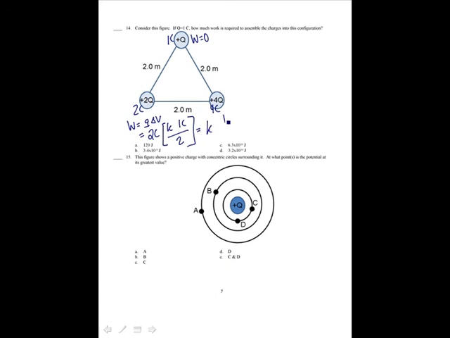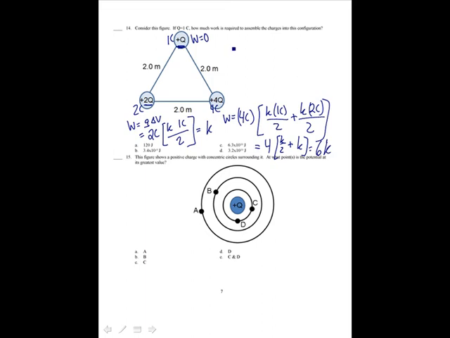And then the work for this charge is equal to Q delta V, which is 4 coulombs, times K times 1 coulomb over 2 plus K times 2 coulombs over 2. That's the potential due to this charge and this charge. Alright, so that is, let's see what we got here. 4 times K over 2 plus K. It's 3/2 K. That is 6K.